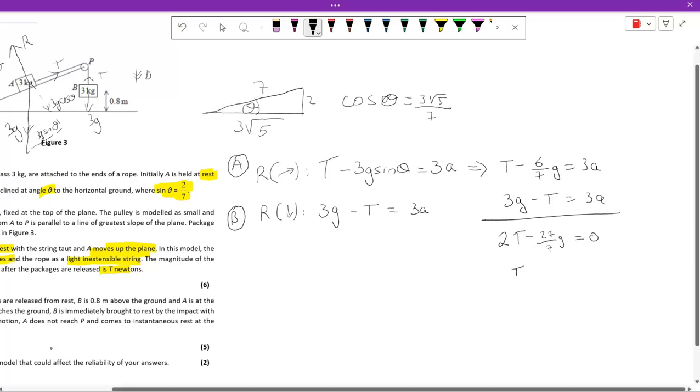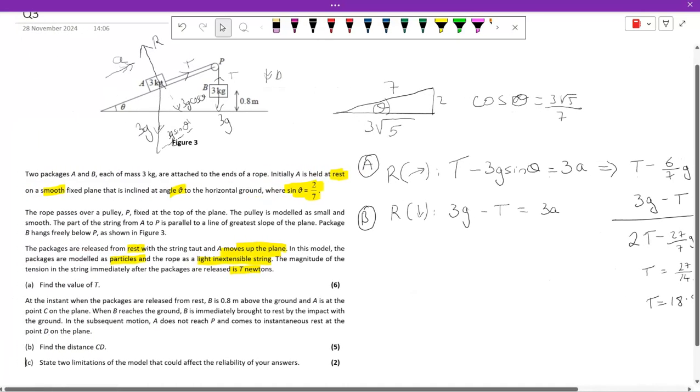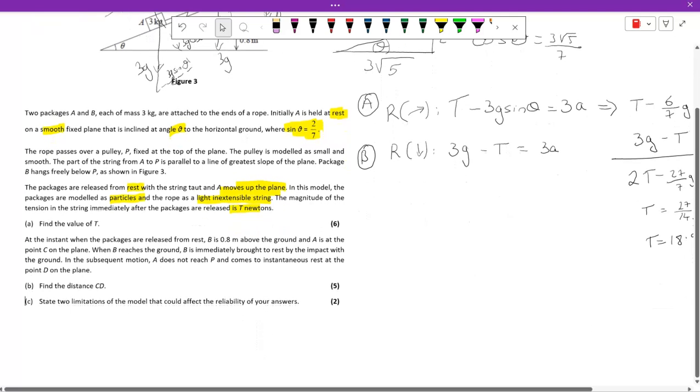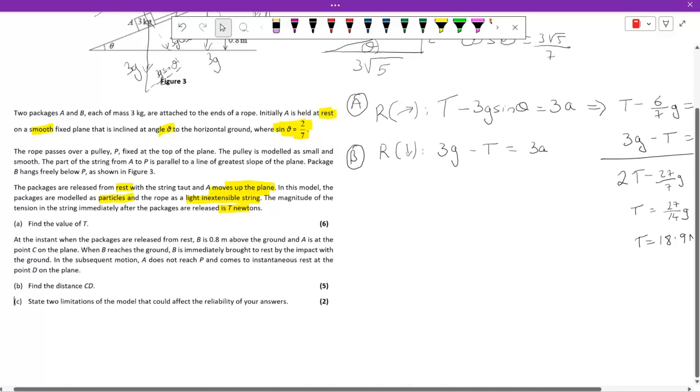And so we can then say that T is equal to, move the 27 over 7 g over, and then divided by 2, so 27 over 14 g, and that works out as T is equal to 18.9 newtons.